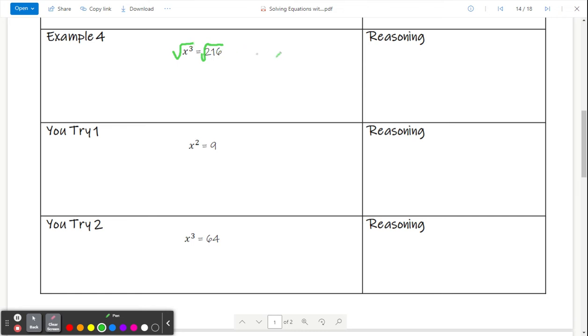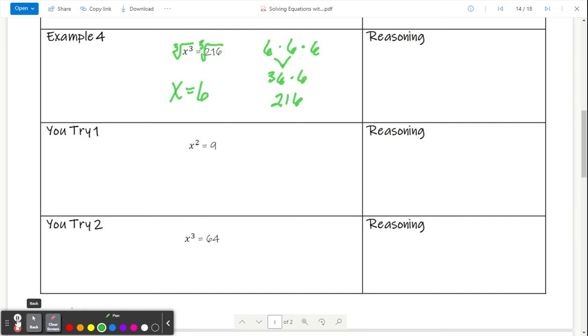I know that 6 times 6 times 6, or 6 cubed: 6 times 6 is 36, 36 times 6 is 216. So x is equal to 6, because 6 cubed equals 216. The cube root of x cubed gives you x, and the cube root of 216 gives you 6.